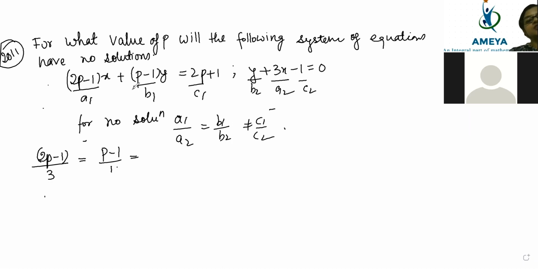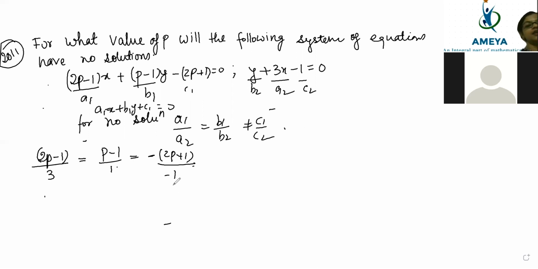You have to shift this side, so it will become minus 2P plus 1, because the general equation is A1x plus B1y plus C1 equal to 0. So C1 is coming minus 2P plus 1, C1 by C2, and C2 is exactly minus 1, and here it is not equal to.